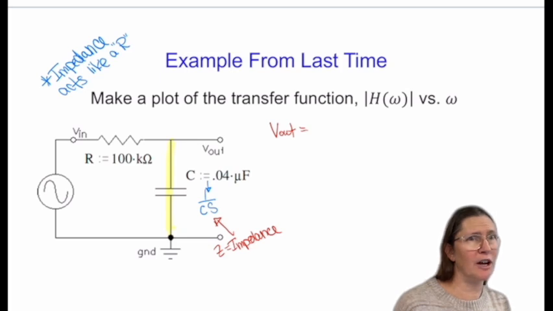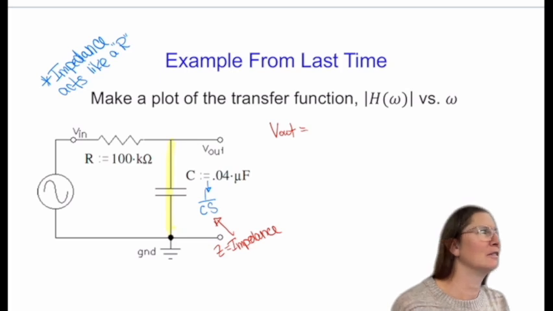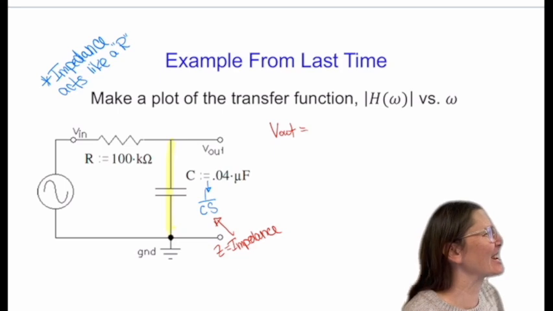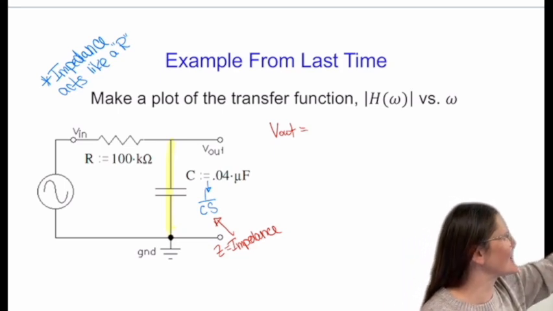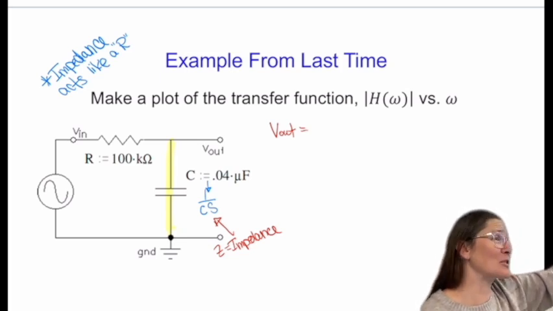So with trying to find the voltage across that, what circuit is this? It is an RC circuit. But if you're treating that capacitor like a resistor, you have a resistor there, and a voltage source, and you're trying to find the voltage across it.